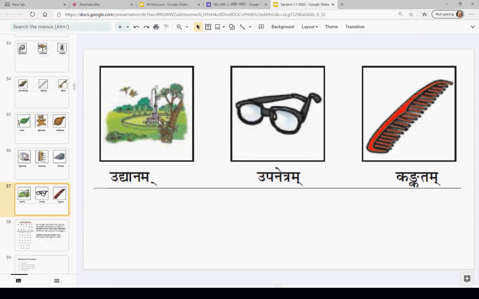Yes. Udyanam means? Park. Park, garden. Upanetram is, you know that. But the comb pronunciation, I am not getting it correct. Kankatam. Yeah. Okay, thank you. Kankatam.